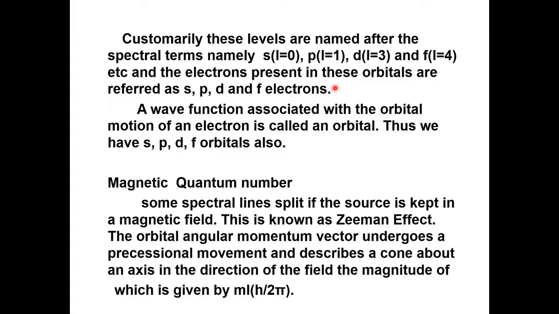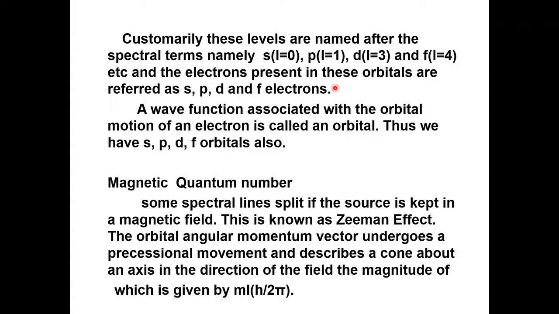So, the wave function associated with the orbital motion of an electron is called an orbital. Apart from the electrons being referred to as S, P, D and F electrons, we also refer to the orbitals as S, P, D and F. The S orbital is spherical in shape, the P orbital is dumbbell in shape, and different shapes are also there.